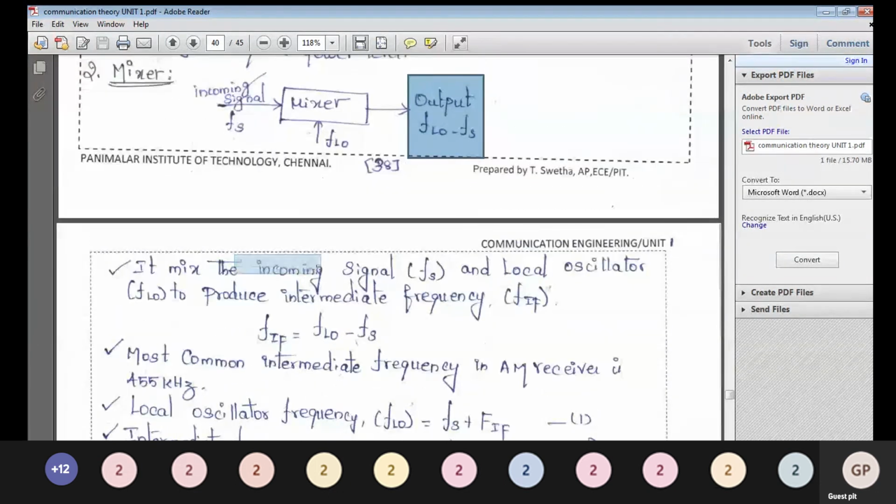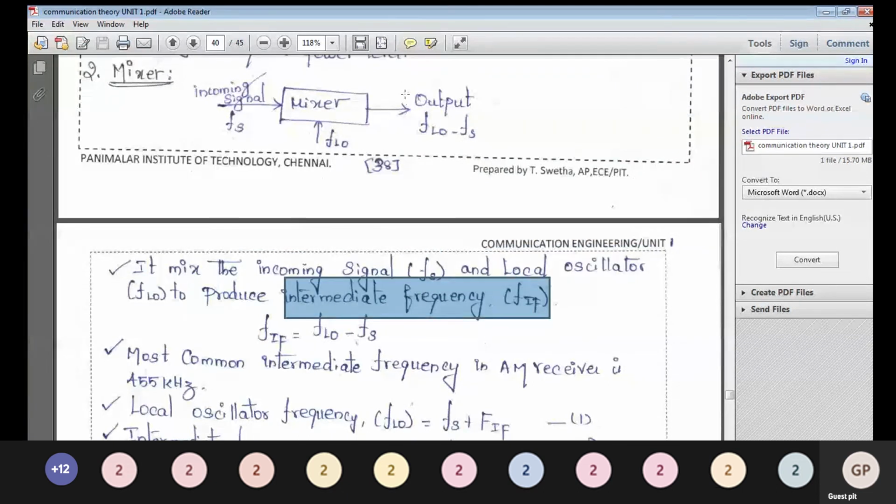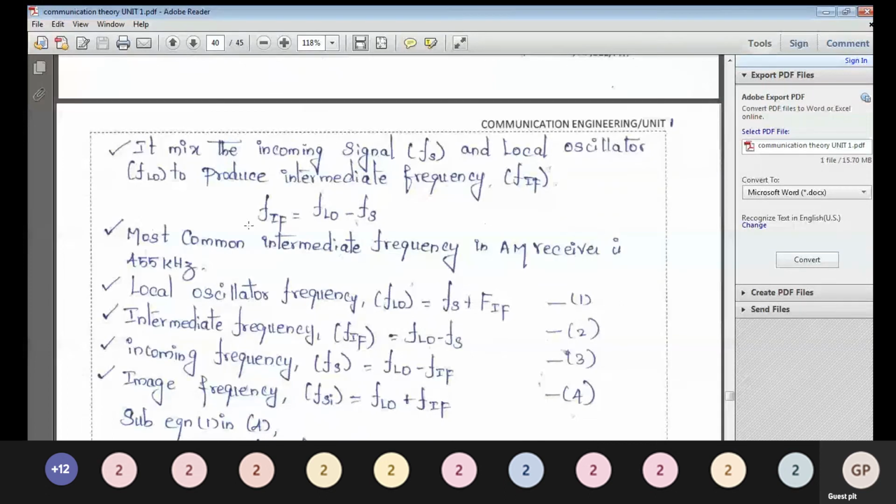It mixes the incoming signal Fs and the local oscillator signal FLO to produce the intermediate frequency. So the output of the mixer is the intermediate frequency. One input is the incoming radio frequency signal. Another input is the locally generated local oscillator signal. The final output of the mixer is the intermediate frequency signal. The most common intermediate frequency is 455 kilohertz.